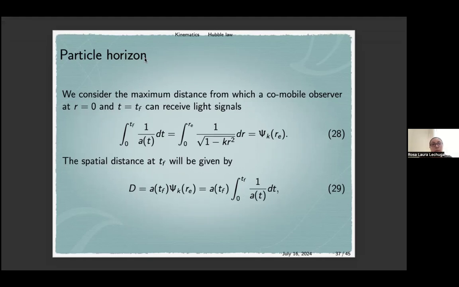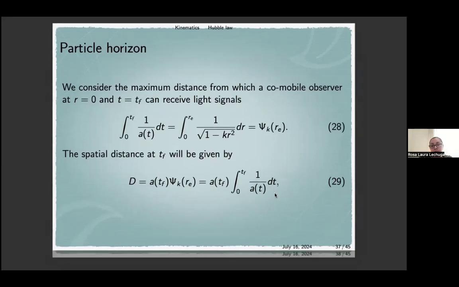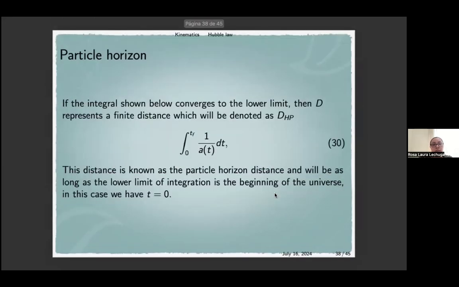It has a similar form, but now it is written in terms of the same quantities, the a and this sigma. Note that this sigma also has the three cases, the three shapes of the universe.